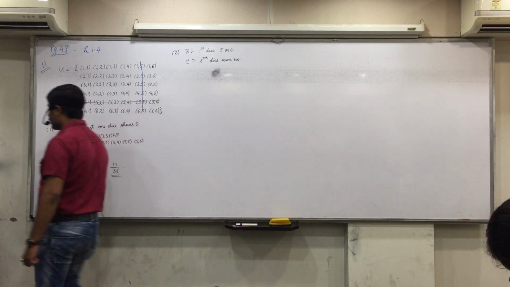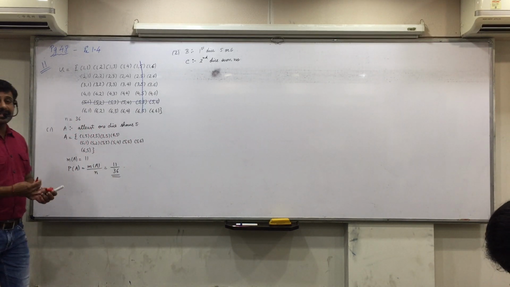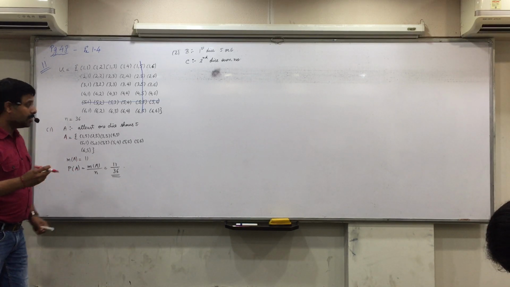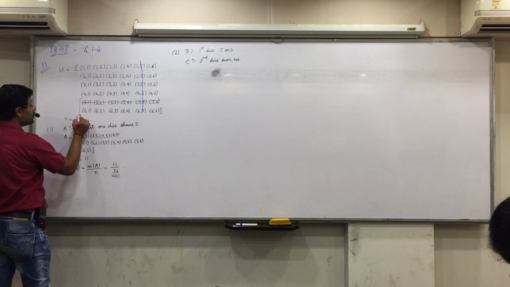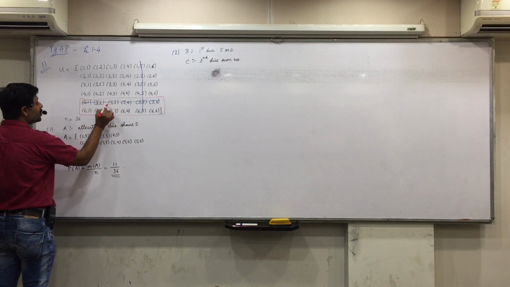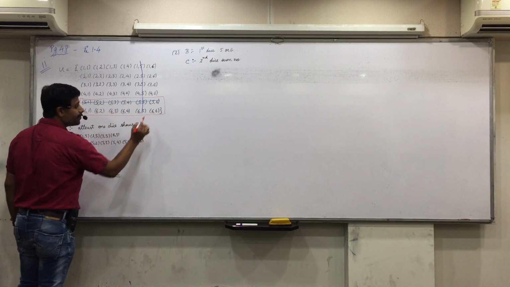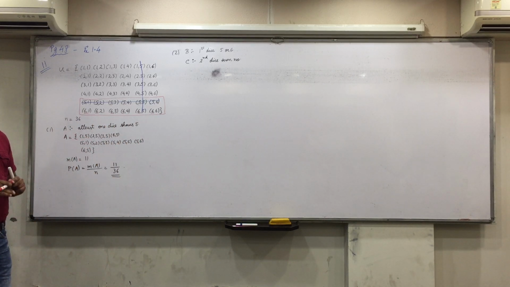Now, can you tell me, first dice shows 5 or 6, means can I say these outcomes will be included, where the first dice shows 5 or 6? Okay, this will be event B.